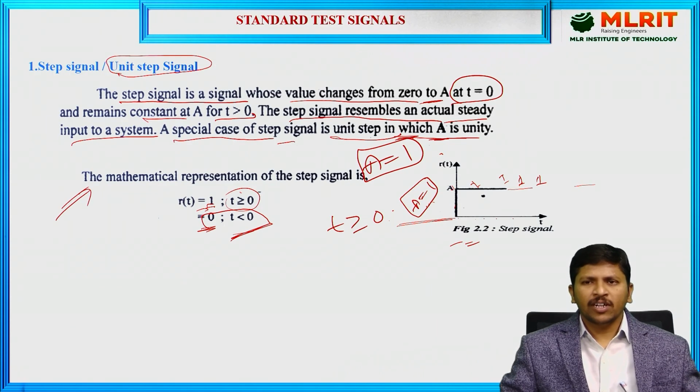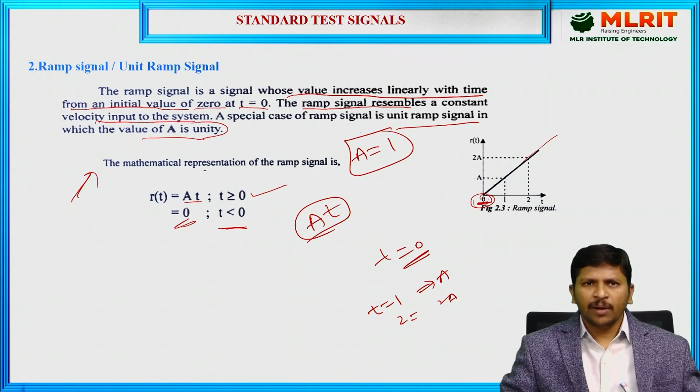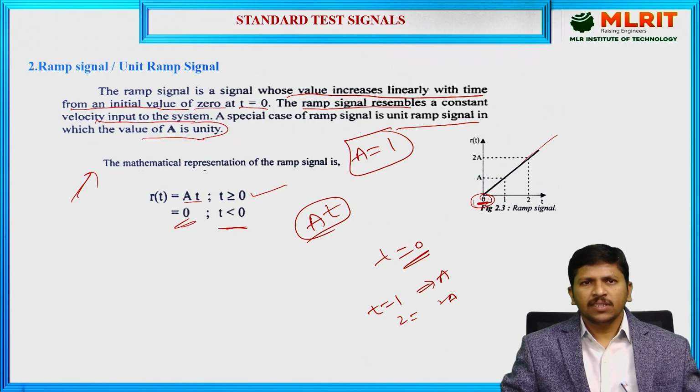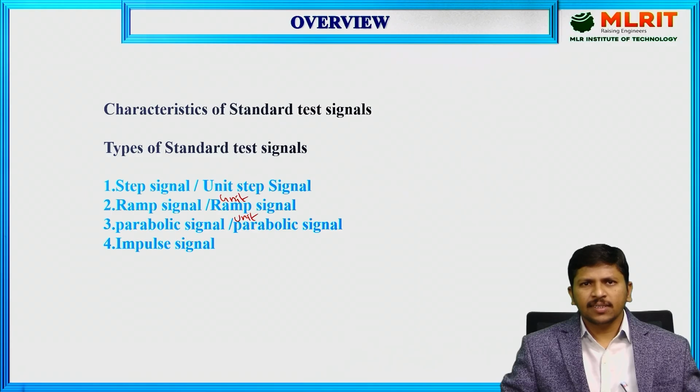Some of the test signals available are the step signal, ramp signal, parabolic signal, impulse signal, and also the sinusoidal signal. This is about the standard test signals. Okay, thank you all.